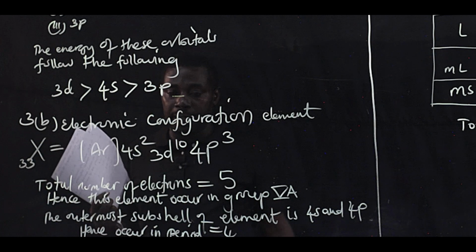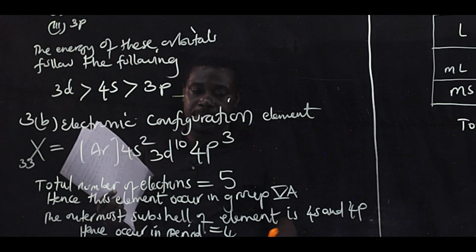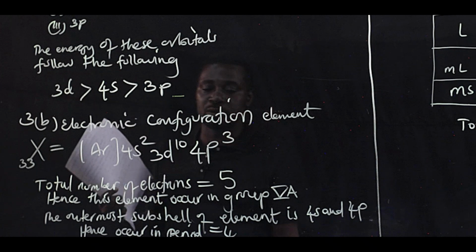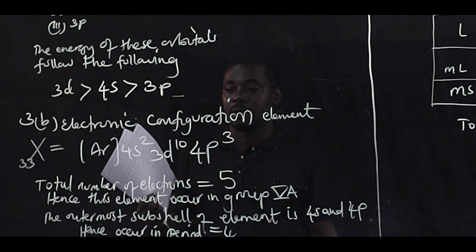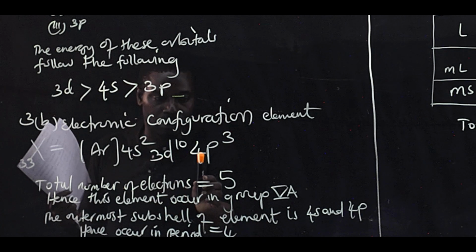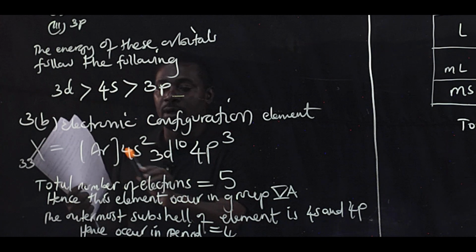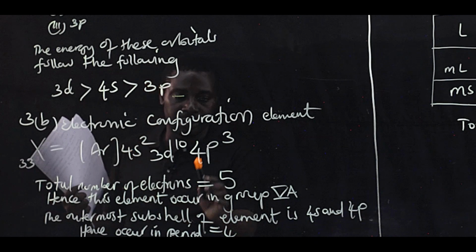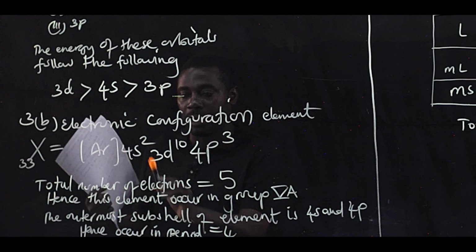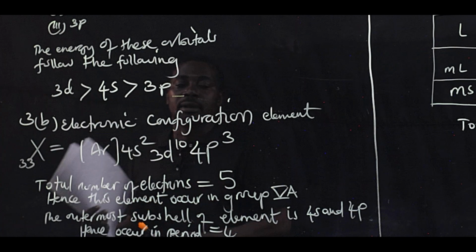By using the given electron configuration, to find the period we are supposed to know the outermost shell. Here, there are 3 subshells which are outermost, occurring after the noble gas: shell number 4, shell number 3, and shell number 4. So the outermost shell here is shell number 4.